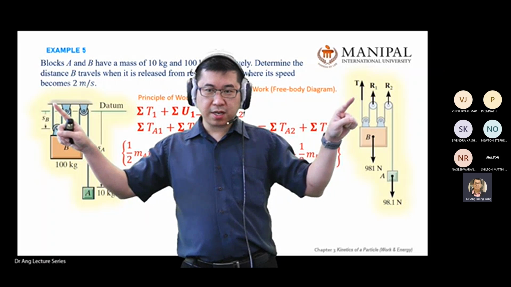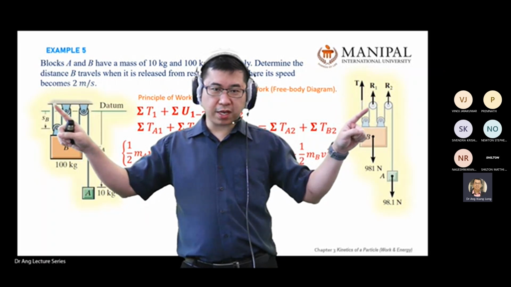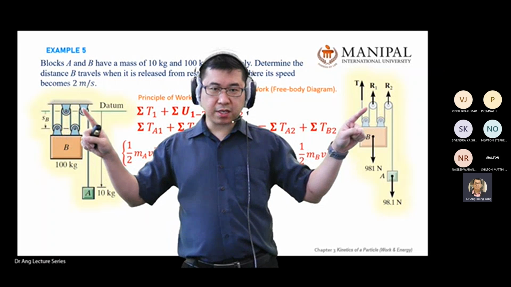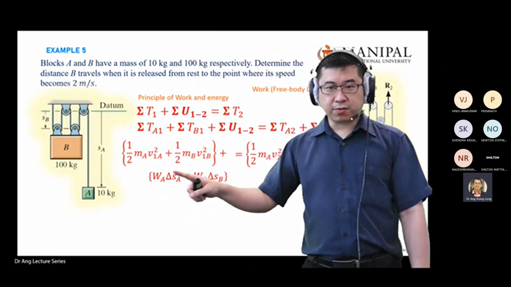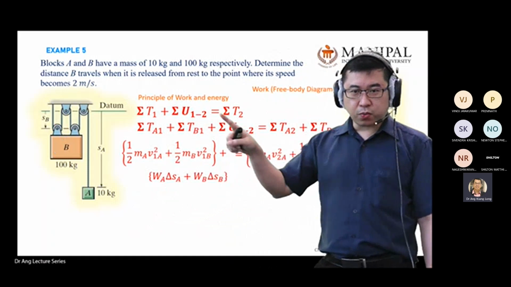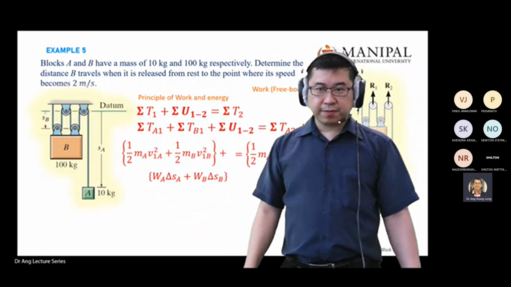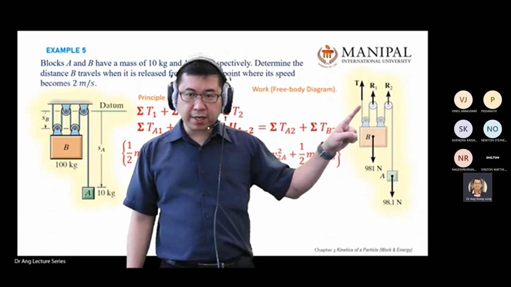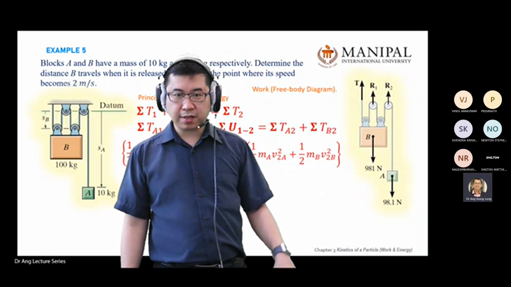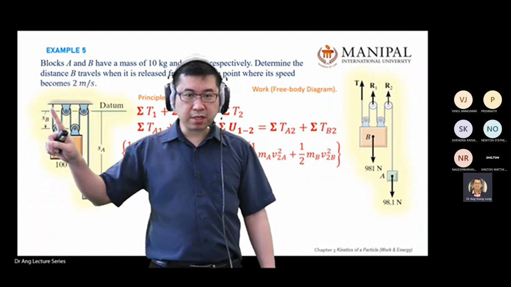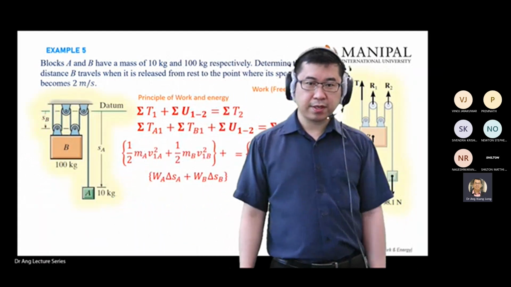So T, R1, R2 doesn't do work. That explains why in your work equation, although there's tension in the cable, the tension here doesn't do work because it's mounted to the wall. It doesn't move at all.